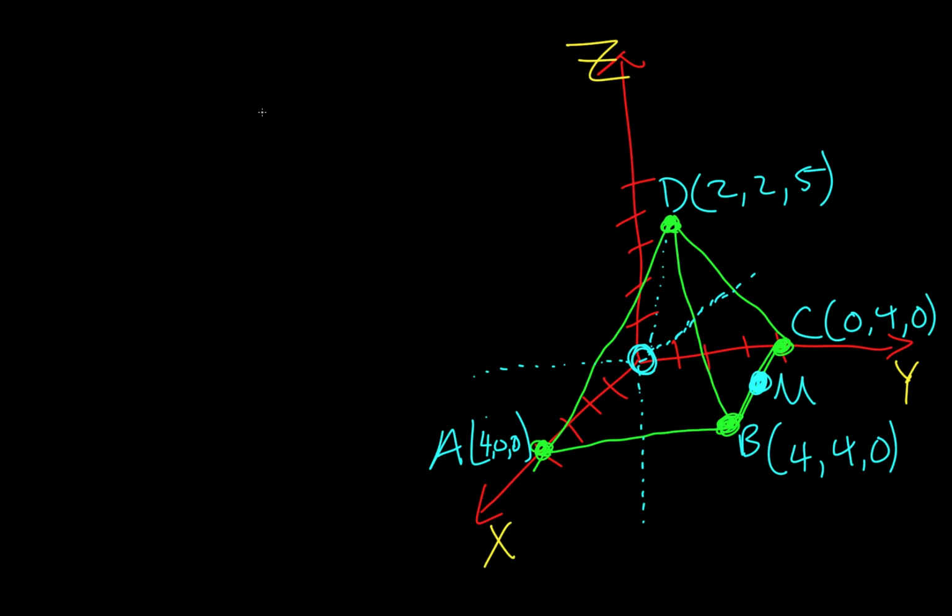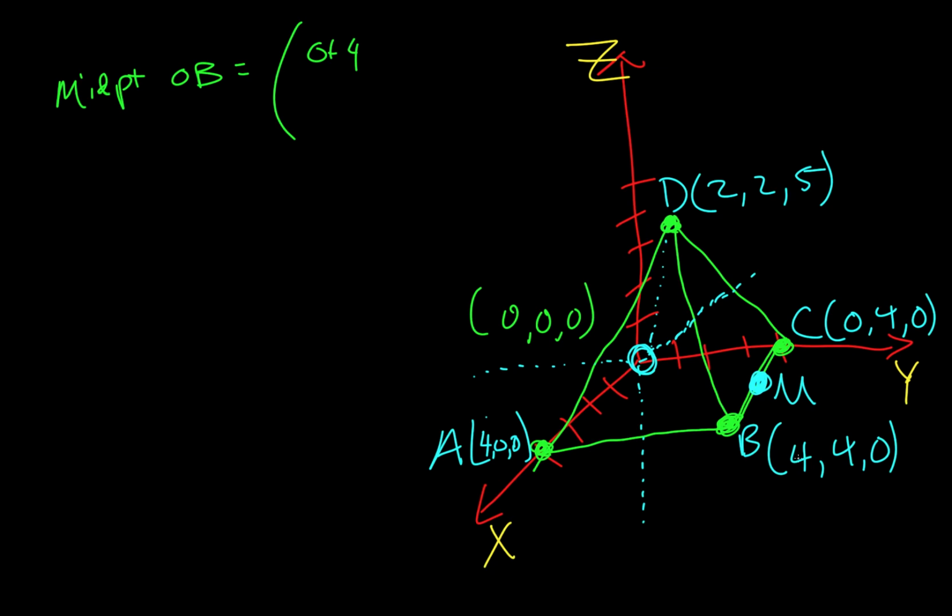So let's do that. If we find the midpoint of OB, this is the origin. So we're going to add those together. So 0 plus 4. I'm going to write this out. So there's the origin.